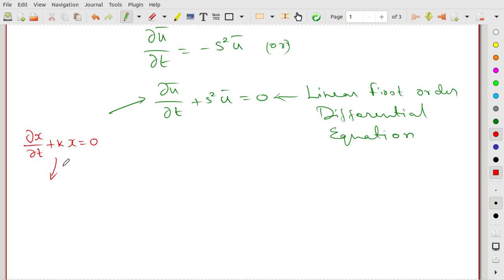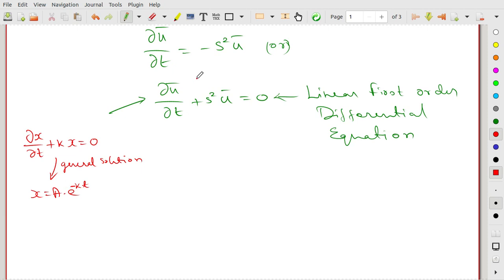Then the general solution is x equals some constant a into e power minus kt. So this is the general solution.